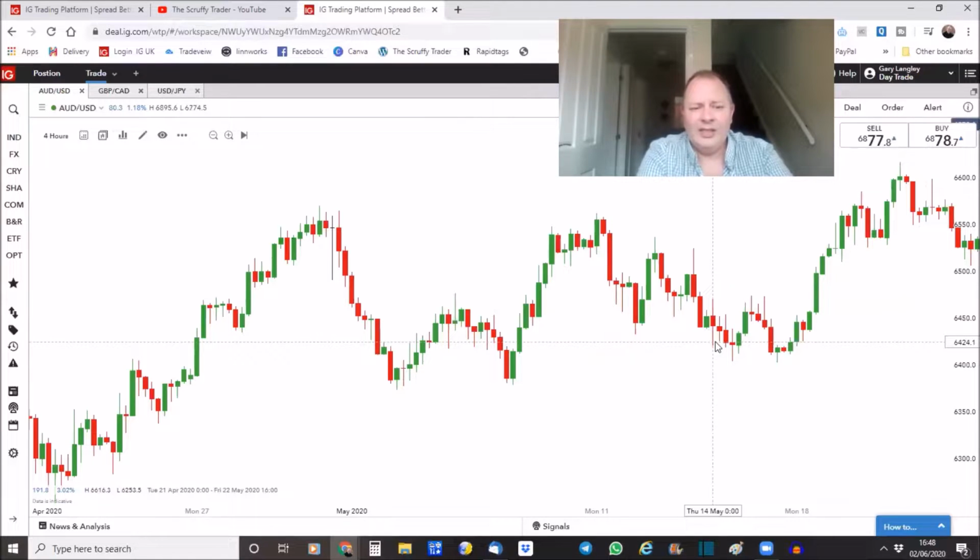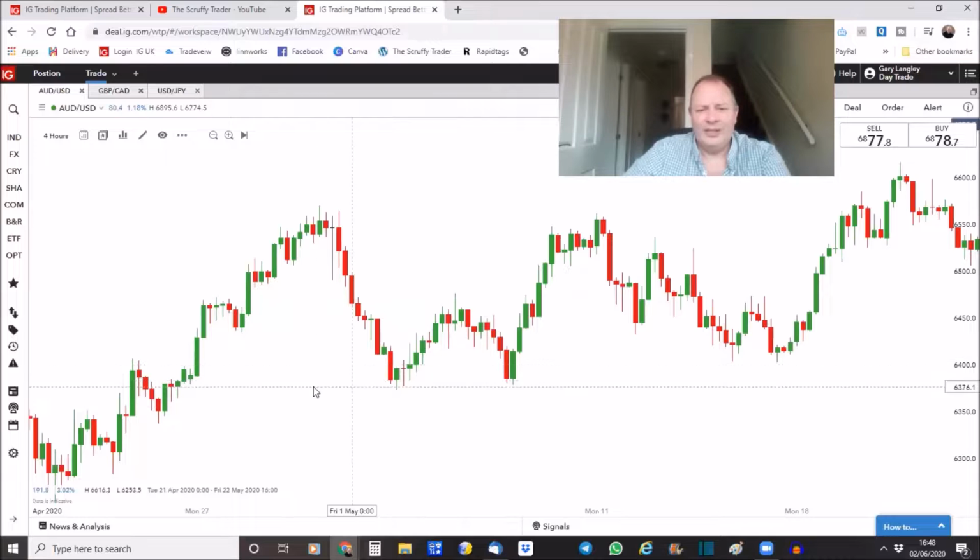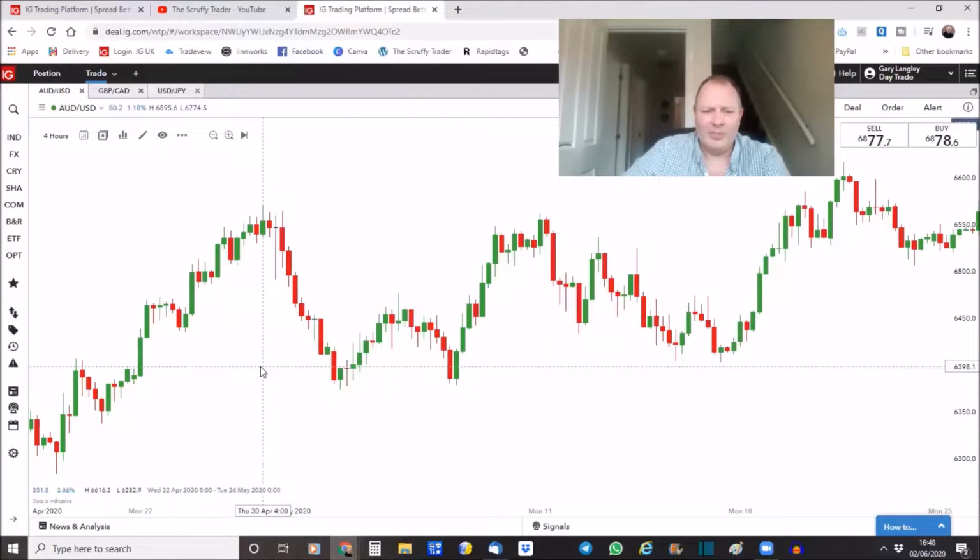That gives you a good theory as to what you can do, because in this situation you're going to be buying up to a 50%. However, if it was the other way around, you could sell at the 50% for a downward move, because you want to be trading with the dominant direction all the time. And as you can see here, it is a dominant direction long. And the way to draw it is simple.